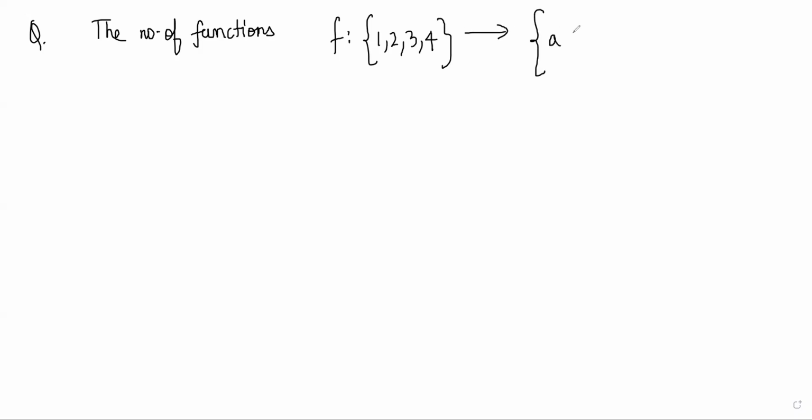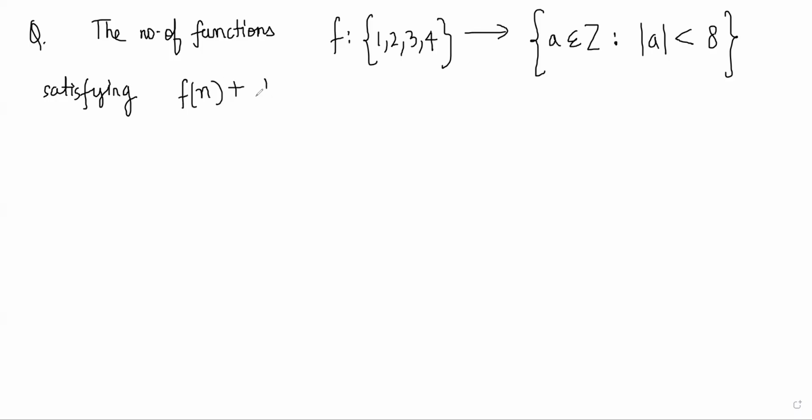The number of functions f from {1, 2, 3, 4} to the set {a belonging to Z such that |a| < 8}, satisfying f(n) + (1/n) f(n + 1) = 1 for all n belonging to {1, 2, 3}.